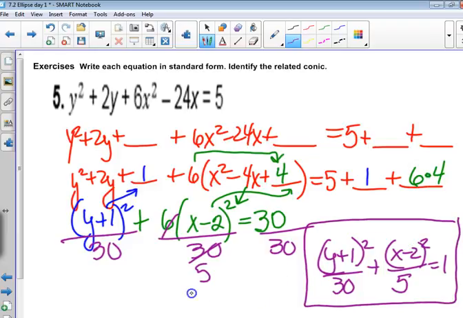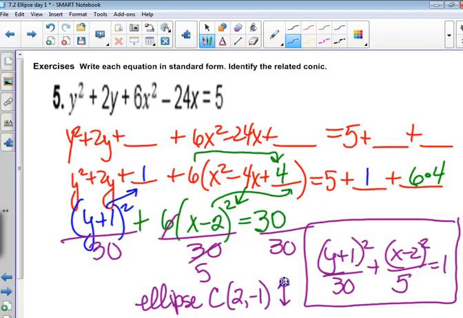So the center, it's an ellipse. They want to know what it is in the directions and whose center is at what? 2, negative 1. Can you just tell me which way it's longer? Up and down or across? Yep, the 30 is under the y, so it is a vertical ellipse.